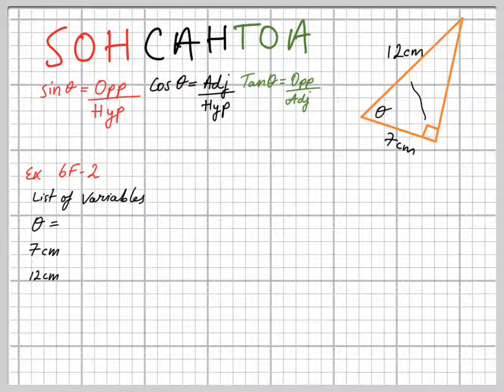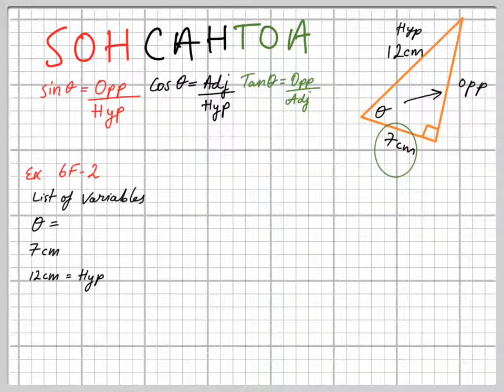We should know that because it's opposite the 90 degrees, 12 centimeters is the hypotenuse, and obviously the opposite of theta is not what we're after, so this is our opposite, and this is our hypotenuse, so therefore our 7 would be the adjacent.